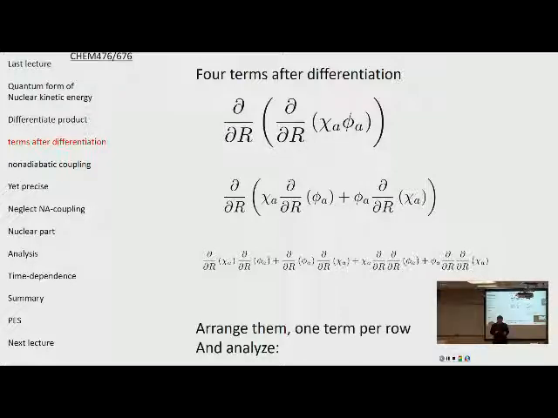And then we can move to analysis of situations when these terms can be completely removed, or when they necessarily need to be taken into account.